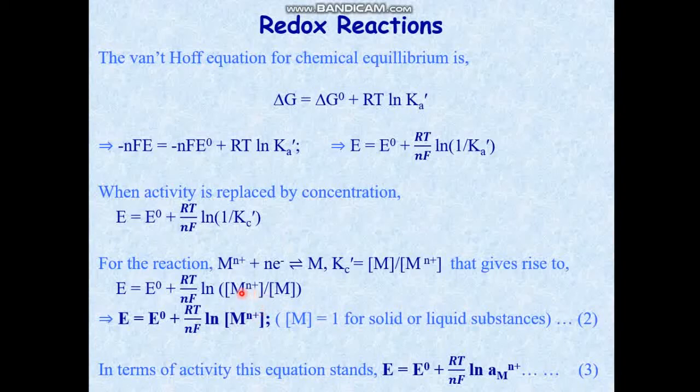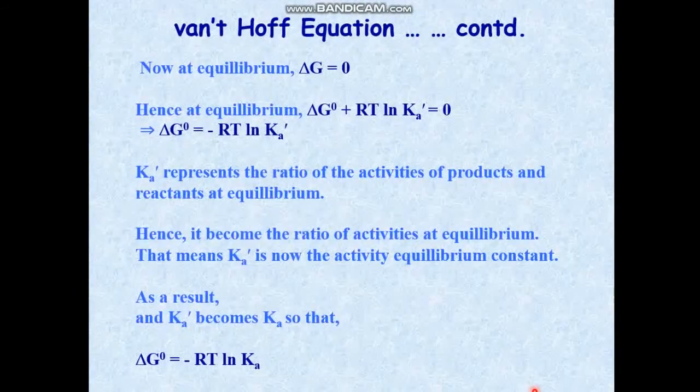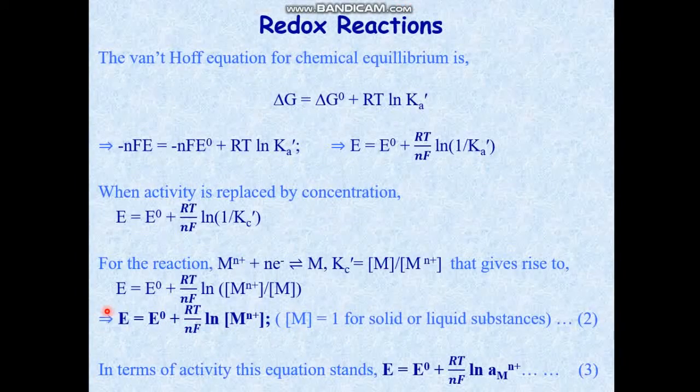Okay, if you want to replace the concentration term with activity, then equation 2 can be written as equation 3, which is E equals E0 plus RT by NF ln activity of metal cation. So this is equation 3. So we have different forms of the Nernst equation as in the previous slide. In equation 1 it was E equals E0 plus RT by NF ln A. Okay, simple.